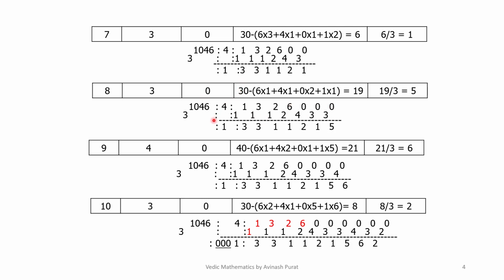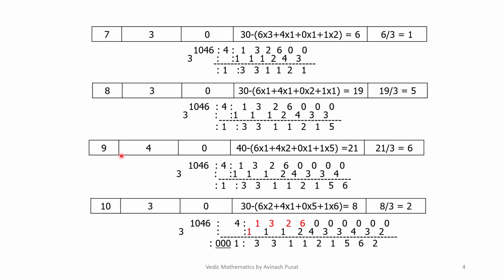So 30 minus 6 into 1 plus 4 into 1 plus 0 into 2 plus 1 into 1 equal to 19. So 19 divided by 3 equal to 5. See, that is the quotient.